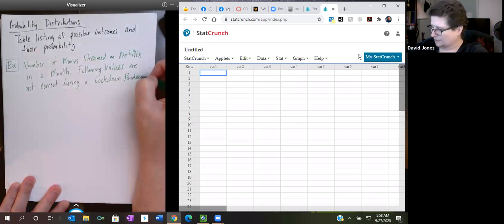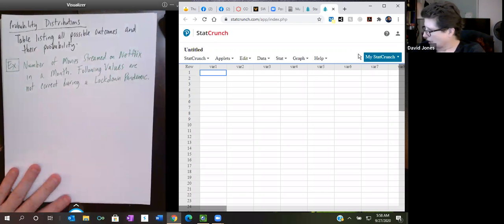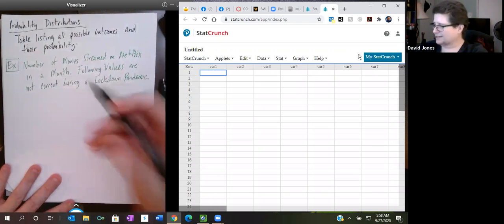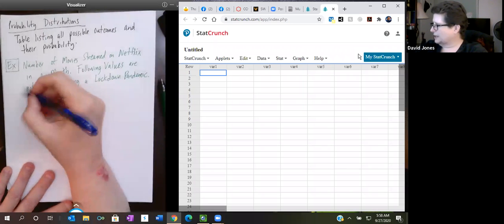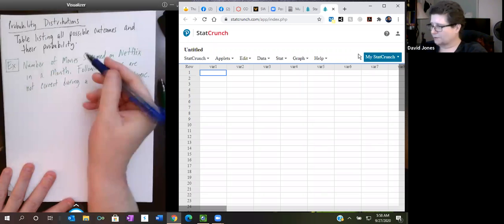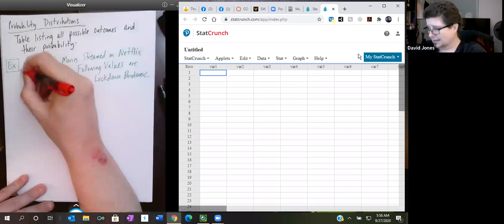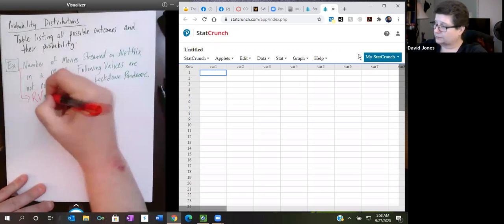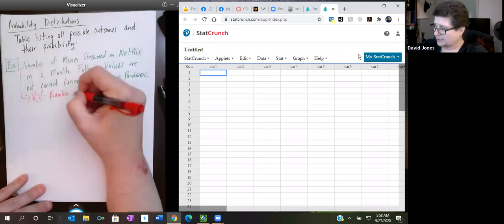Hopefully this is the only one we have in a really long time, but could be others. So our table, I said we have a table, let's draw a table. What I'm going to do is the number of movies streamed in a month, that is my random variable. Number of streamed movies.